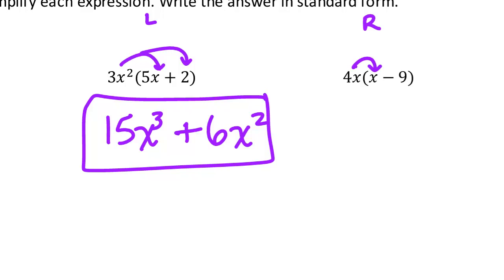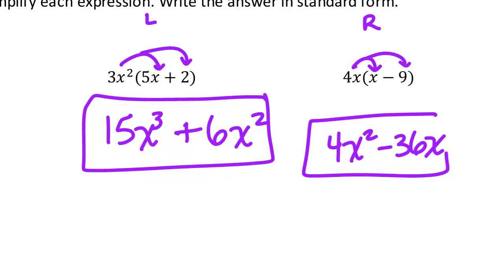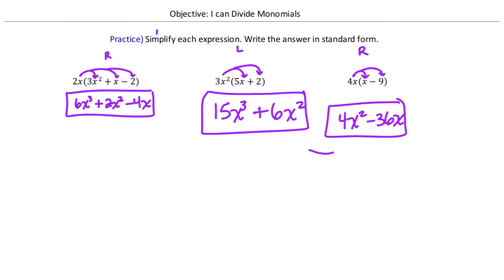The first term is 4x squared. Thank you. And then for the last one, Jose Medina, negative 36x. Good. And that is our final answer. And I think that is the last example. Yeah, so that is our last example.